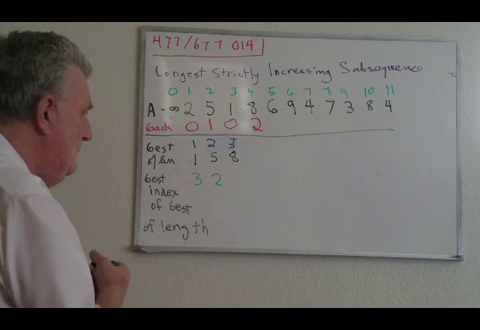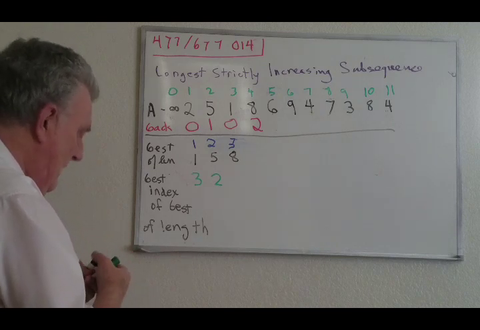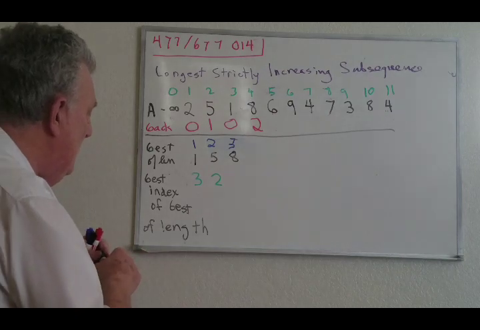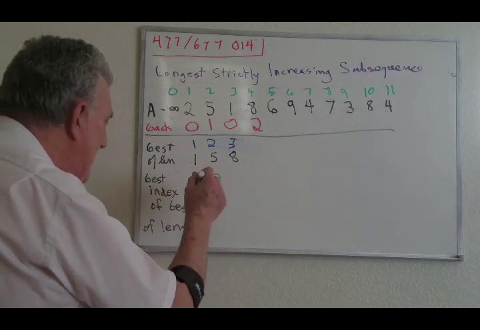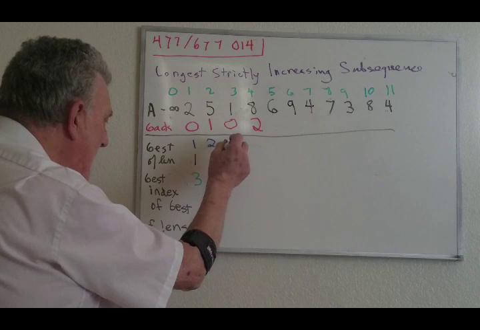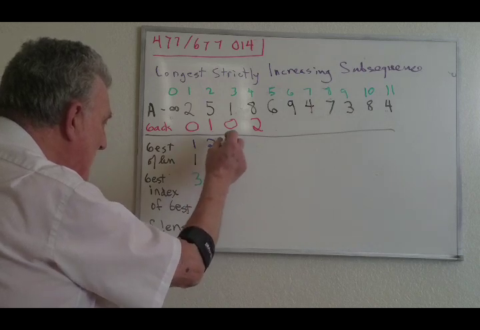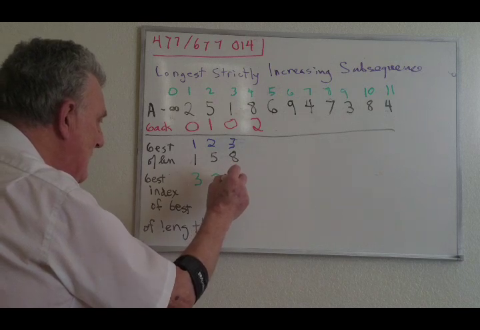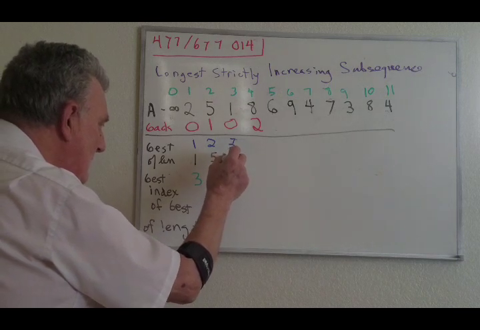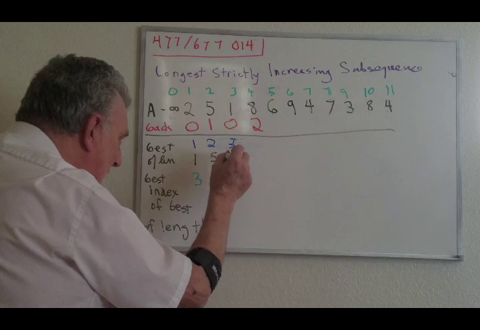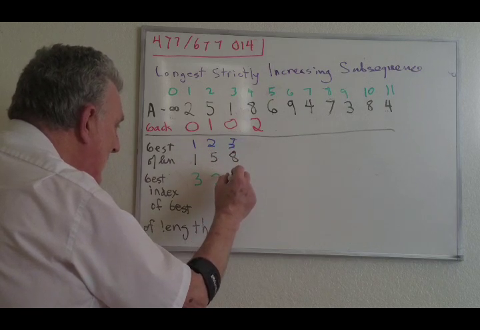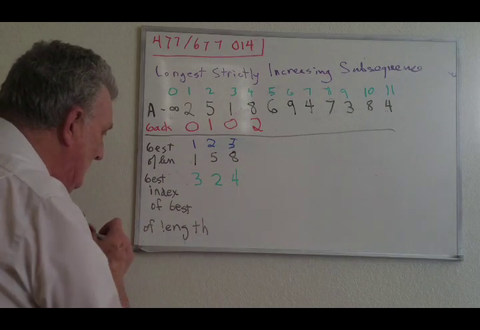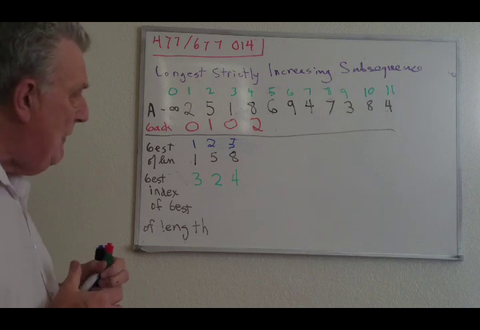All right, now, we're not done. The best of that length is 8, and the position of the best end of that is 8, and where is it? 8 is in position 4. So you see how I built that up.